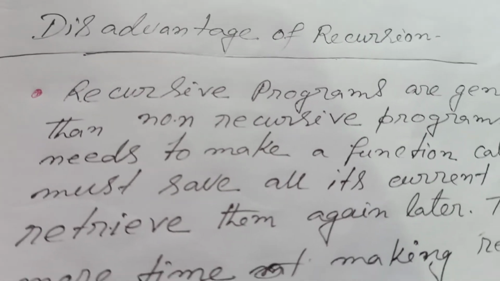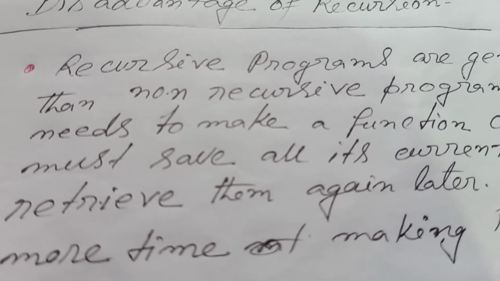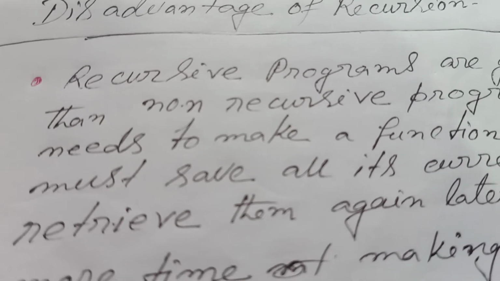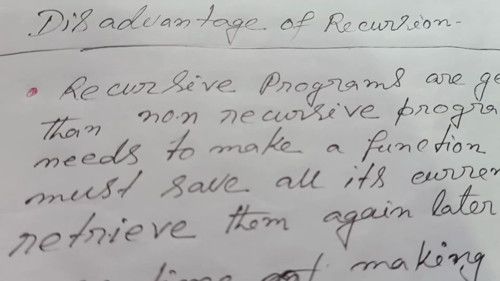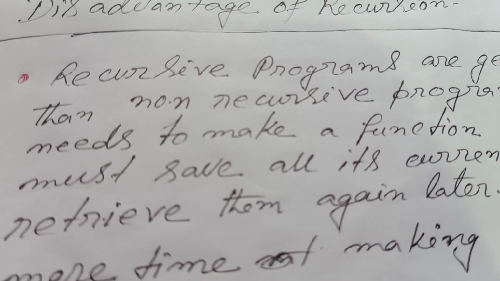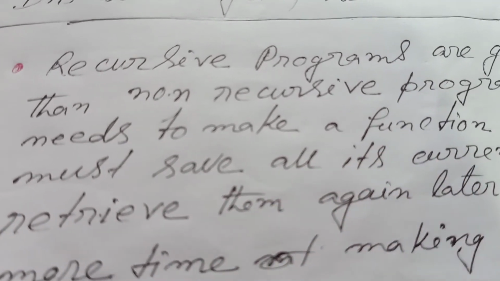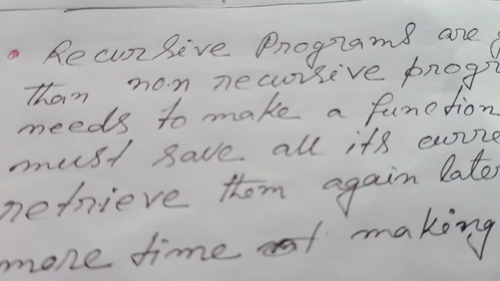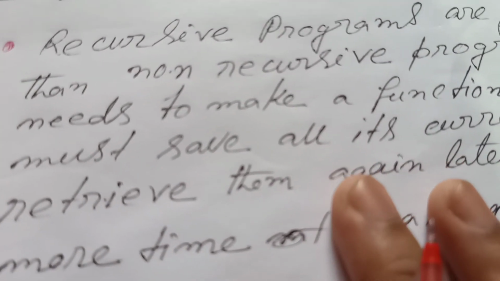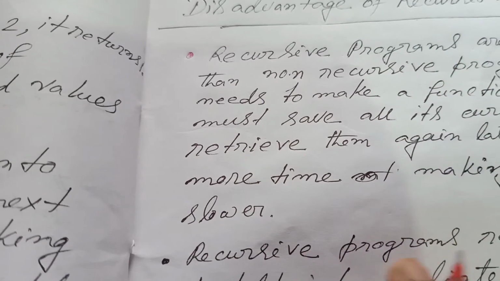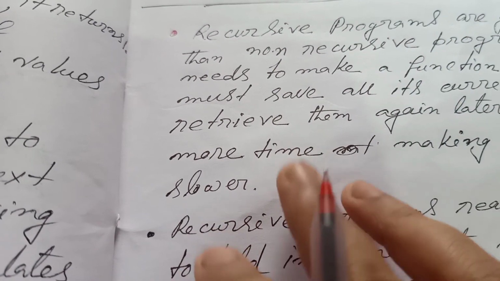Why is it slower? Because in the non-recursive programs we directly use a function, and by using that function we can perform the calculation easily. But in a recursive function, the function calls itself.